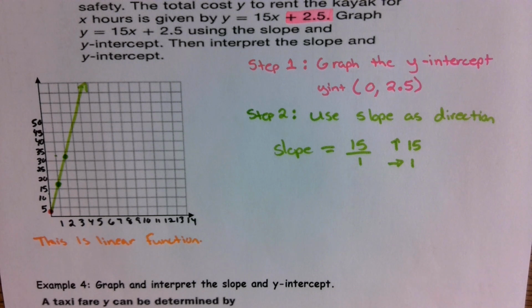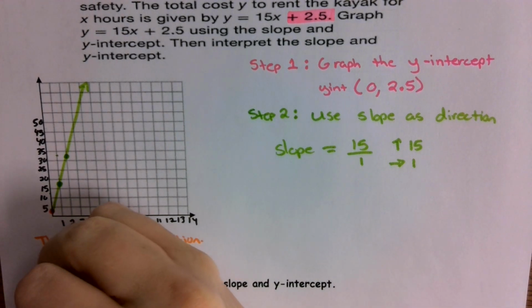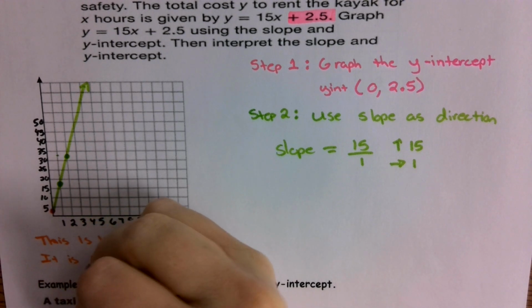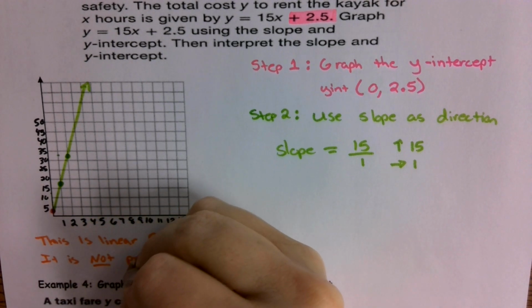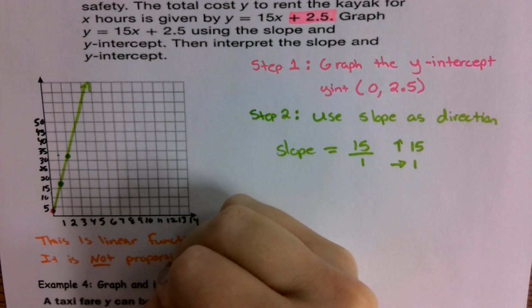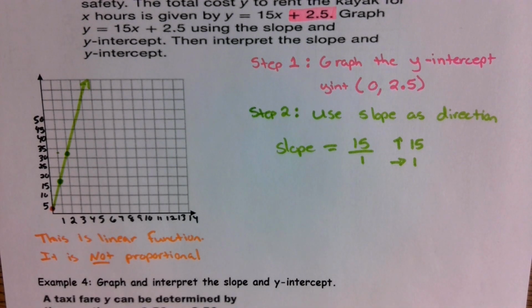Is it proportional or non-proportional? Non. Why? Doesn't go through the origin. Very good. It is not proportional. Does not go through the origin. Just wanted to give you guys those reminders again. It is a linear function, but it is not a proportional function. It's straight, but it doesn't go through the origin.